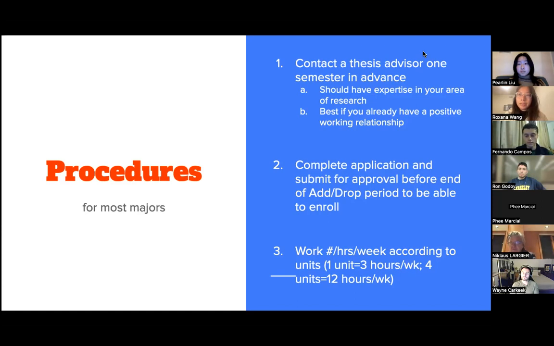Thirdly, you need to customize your own units for the honors research, which means that you need to assign yourself the units. If you assign yourself 1 unit, that means you are going to put in 3 hours of work into writing a thesis per week. If you give yourself 4 units, that means 12 hours per week.